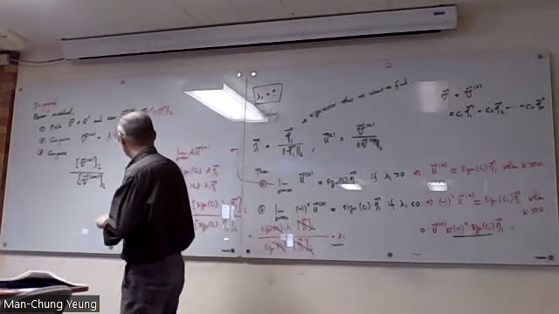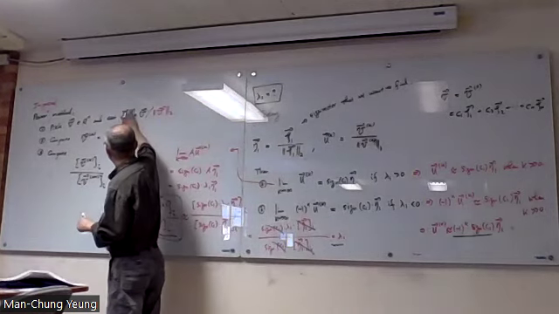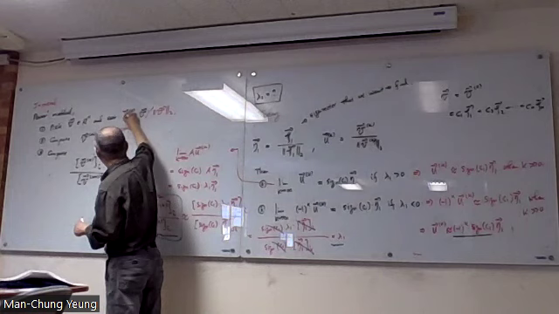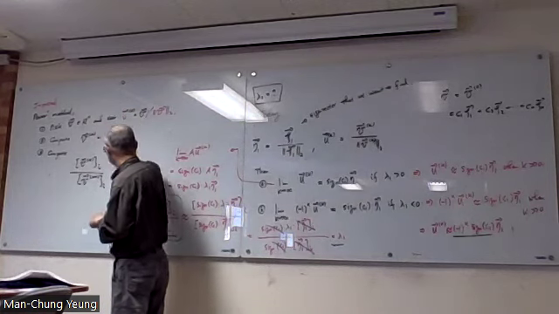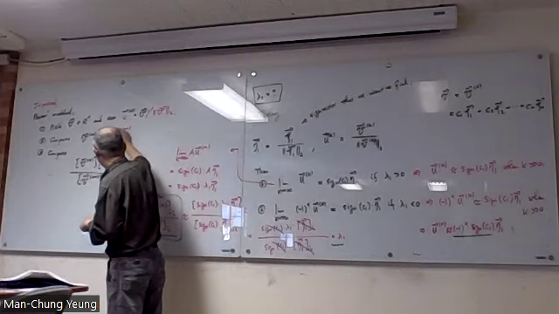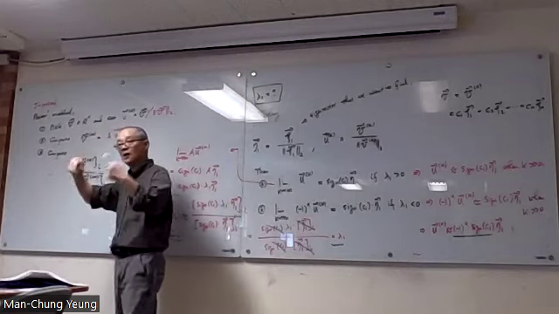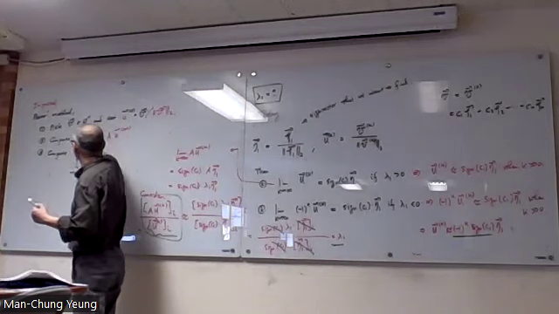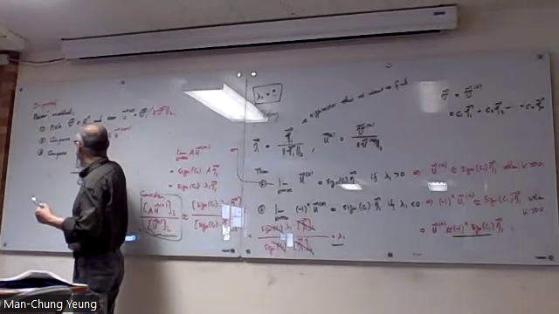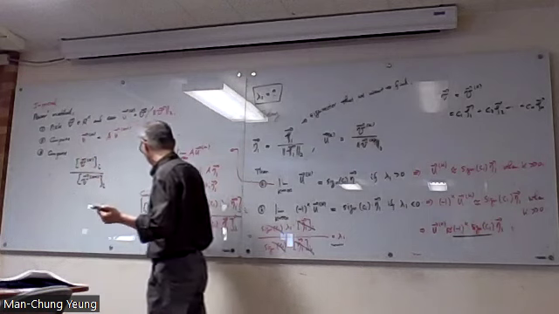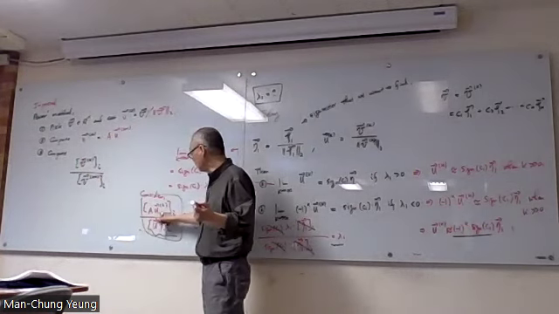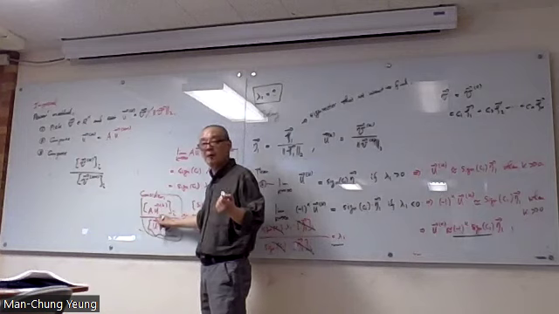Let me change this to u. u means normalized, a unit vector. Now this u is not normalized yet, because A times u k minus 1 is not normalized.